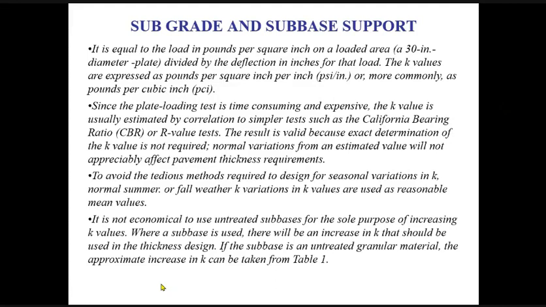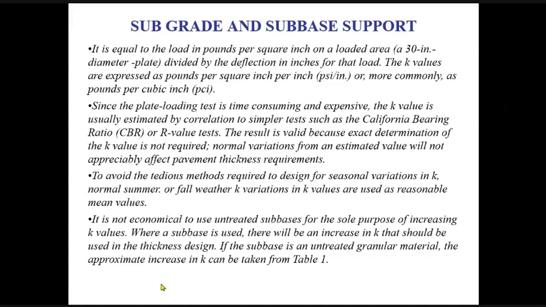Now, the subgrade support is taken as load in pounds per square inch per inch on a loaded area. The K values are expressed in pounds per square inch per inch, as we have already discussed. Since the plate loading test is time-consuming and expensive, the K value is usually estimated by correlation to simpler tests such as the CBR or R-value test.